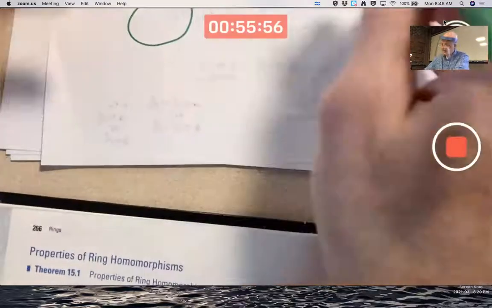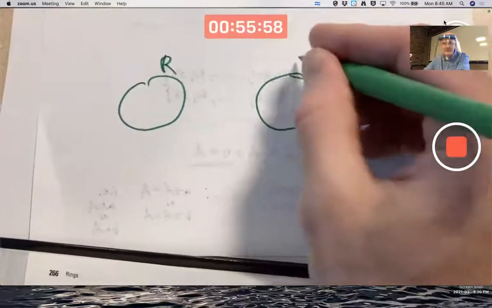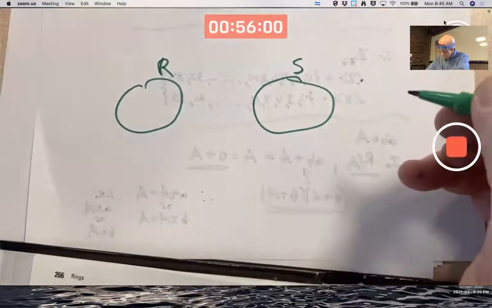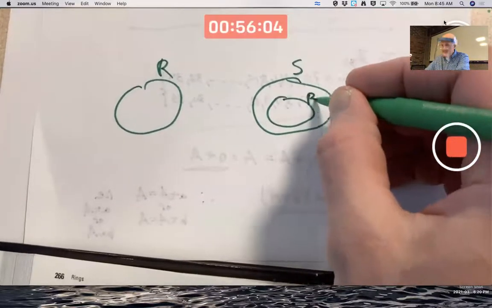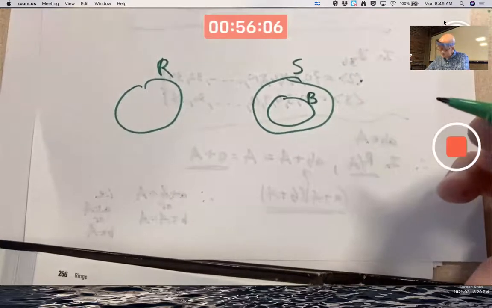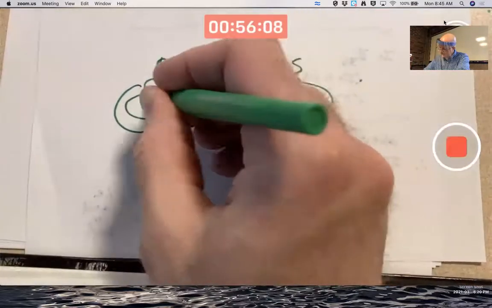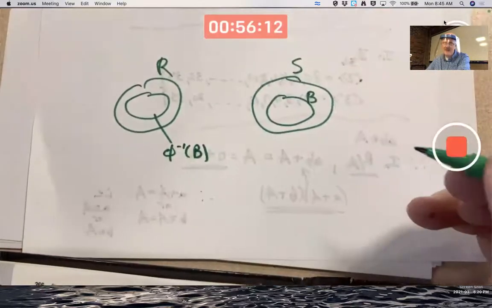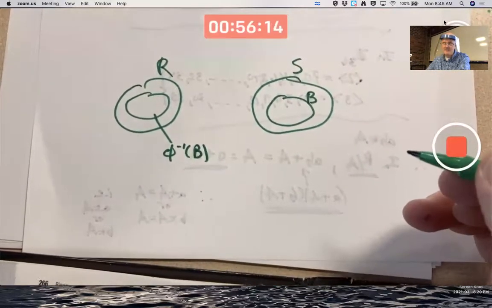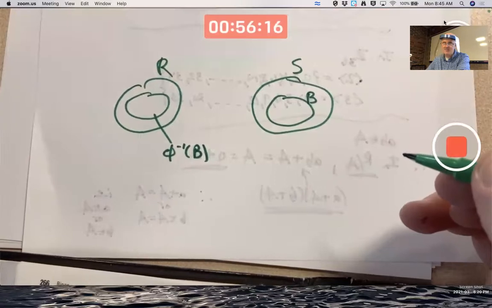Here's R. Here's S. B is an ideal in S. Phi inverse of B, when I say that, it doesn't mean phi inverse exists. It's just shorthand verbal description.